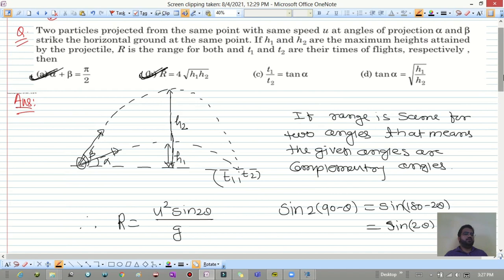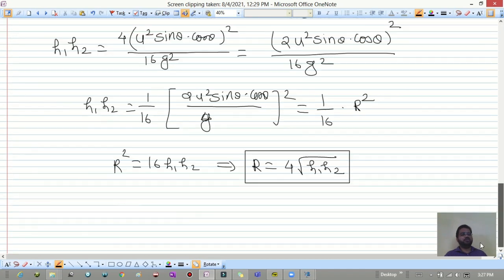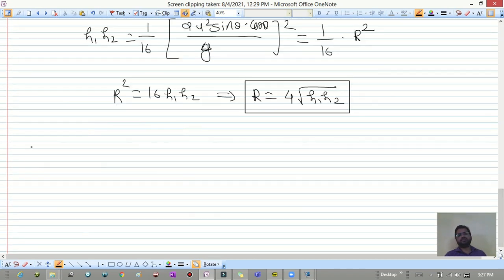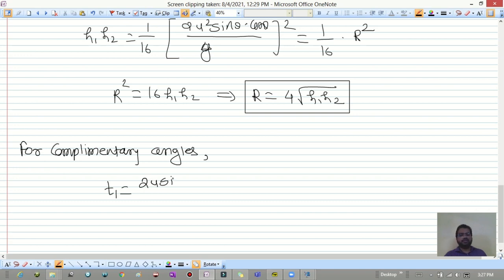Okay, now we want t1 divided by t2. T1 and t2 are the times of flight. So for complementary angles, we can write time of flight as 2u sine theta divided by g, and time of flight as 2u cos theta divided by g.